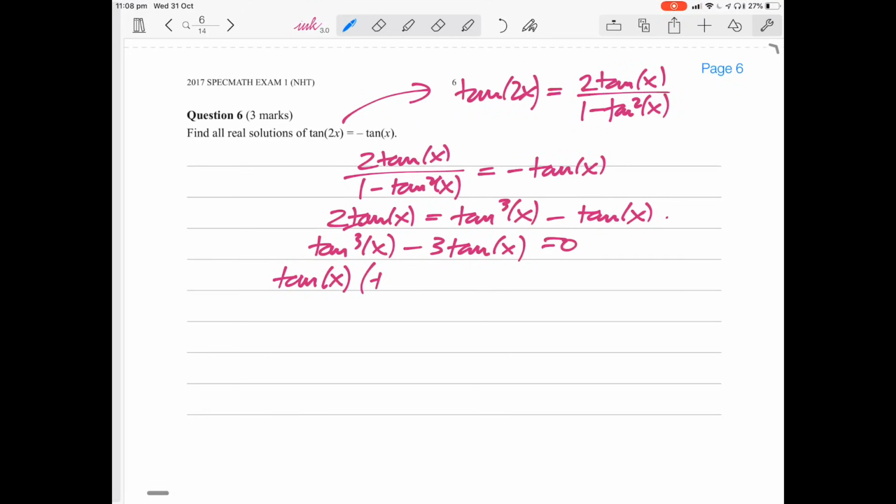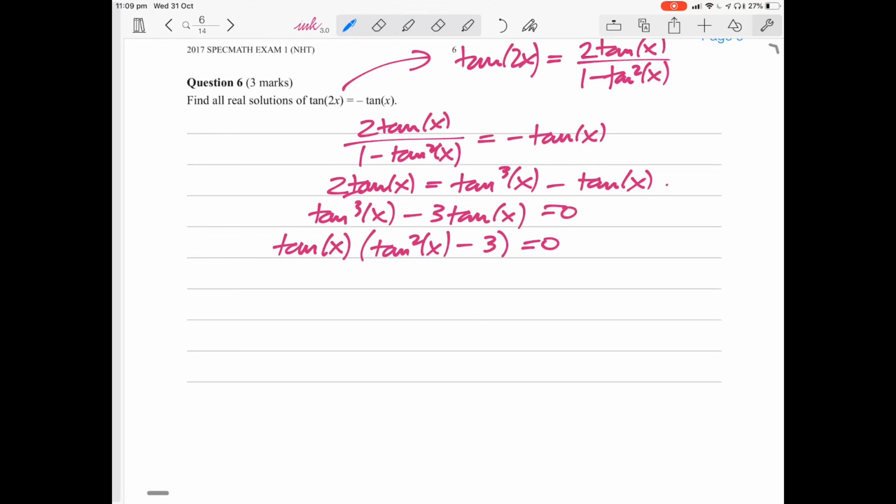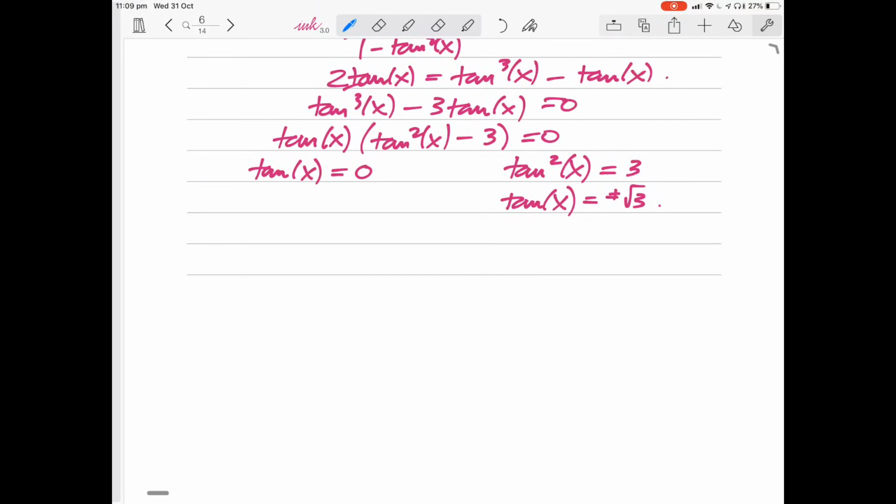So we have tan squared x minus 3 equals 0. So we can say tan x equals 0. Tan squared x is equal to 3. Tan x equals plus or minus root 3.